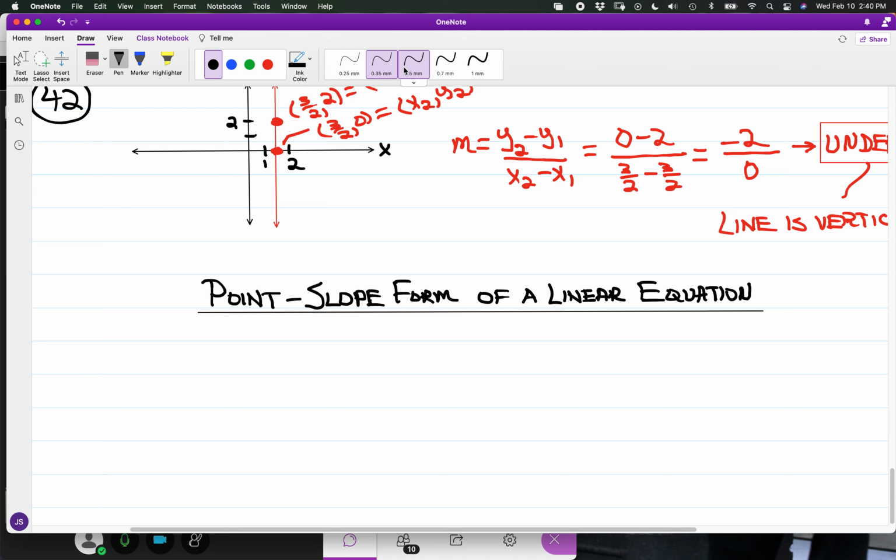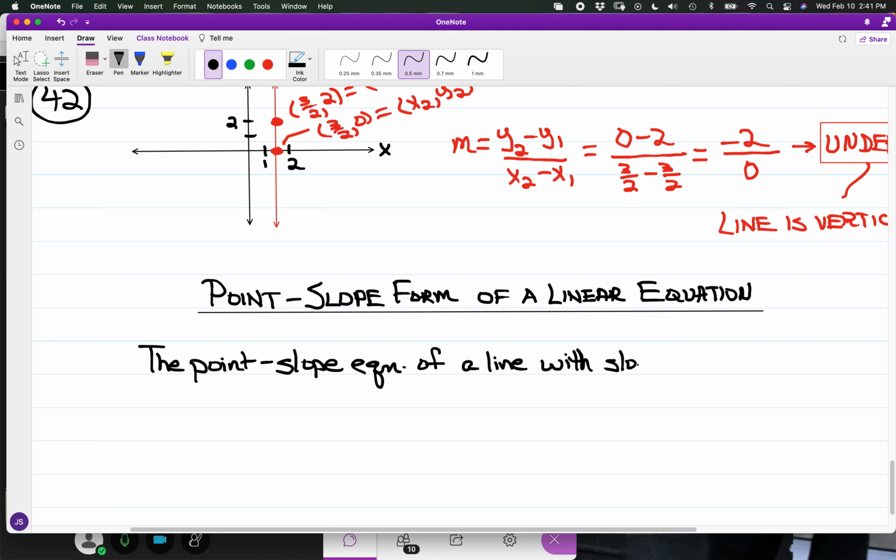Okay, now we're going to have the point slope equation of a line with slope m and that passes through a point, again, we just label as x1, y1.